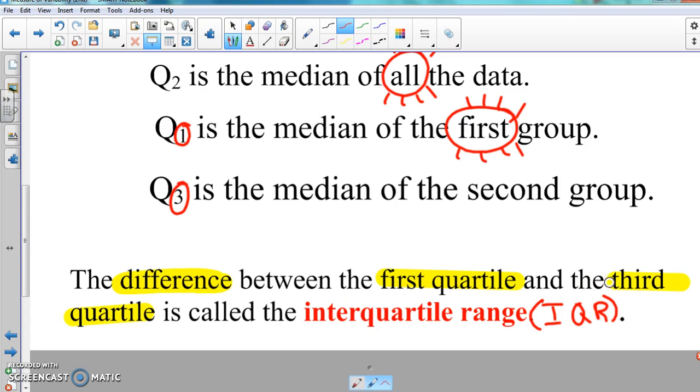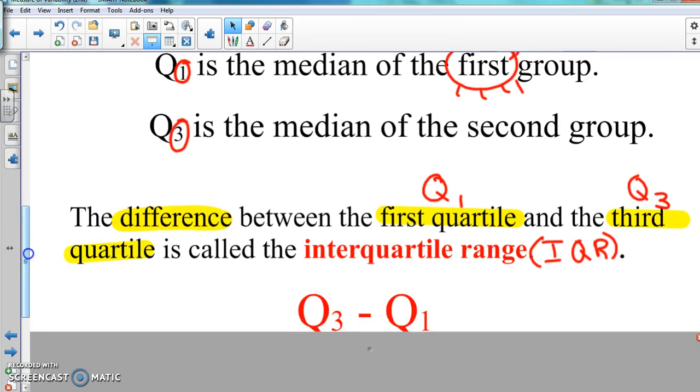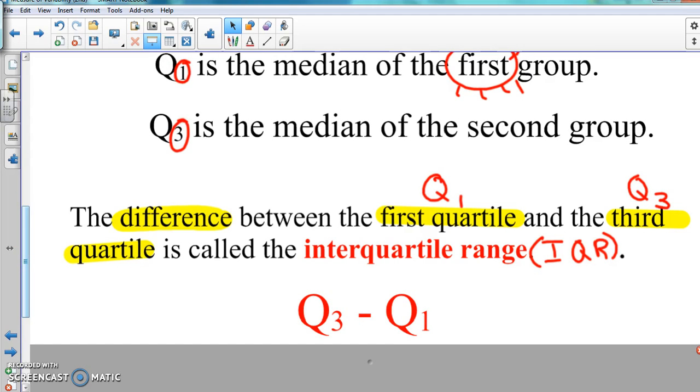Those are our keywords for this, and that's the interquartile range. We call that IQR. The calculator doesn't do that one for you, but it gives you Q1 and Q3, and all you do is subtract the two. So Q3 minus Q1, and you get your actual answer. Again, that's how you find the interquartile range.